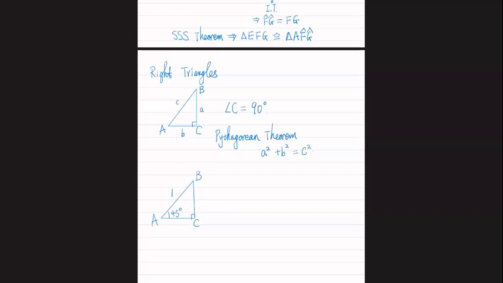Okay, Aaron, what's the angle B? Could we find angle B using the information here? C equals 90. Okay, so B is, let's see, also 45.